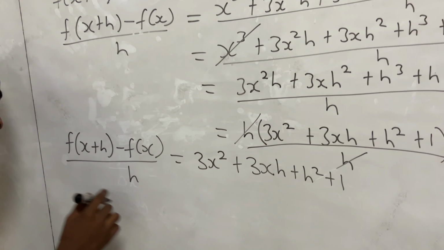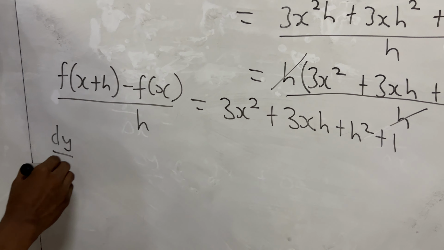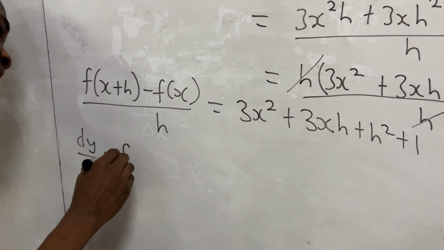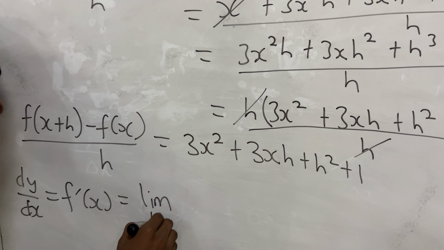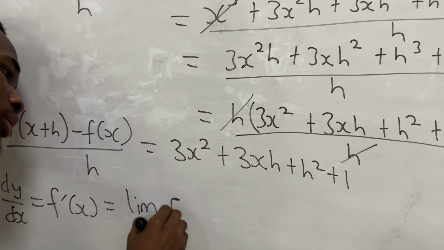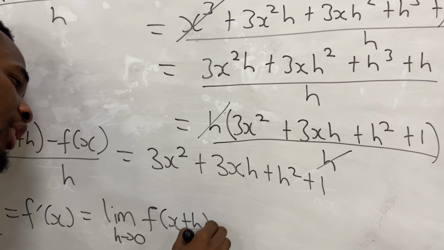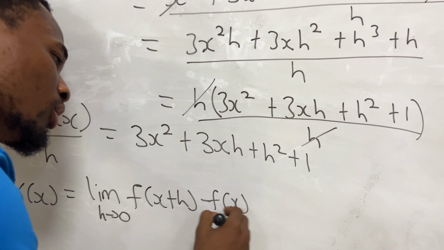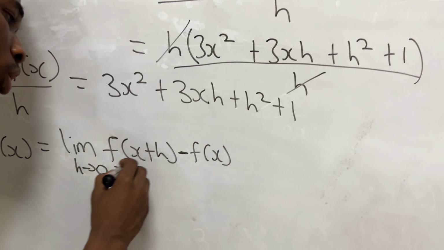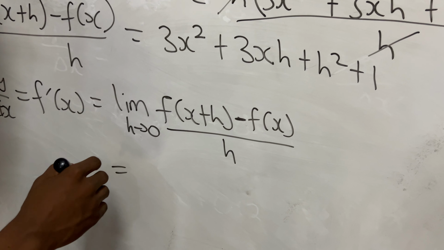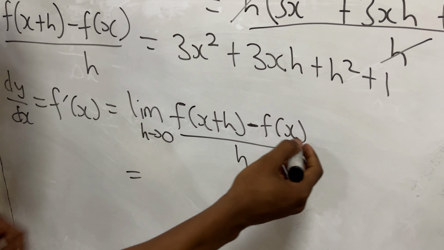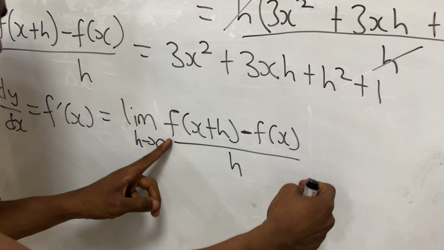So we know that dy over dx, which is the same as f prime of x, is the same as the limit as h approaches 0 of f of (x plus h) minus f of x, all over h, which is equal to, now I've solved for this whole thing.